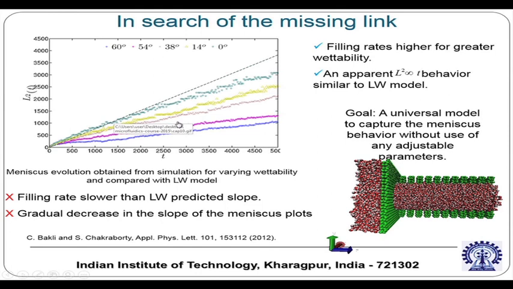So L square versus T is linear, because L scales with square root of T. What we have found is that the filling rates are higher for greater wettability. For different contact angles the graphs are plotted, and this is quite obvious because the capillary action is stronger.